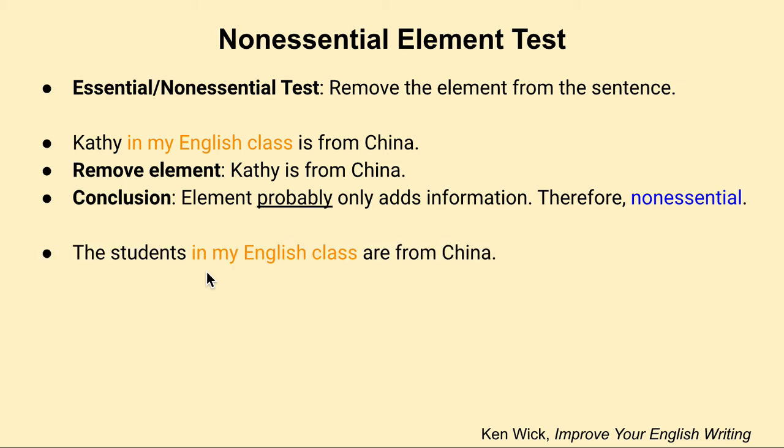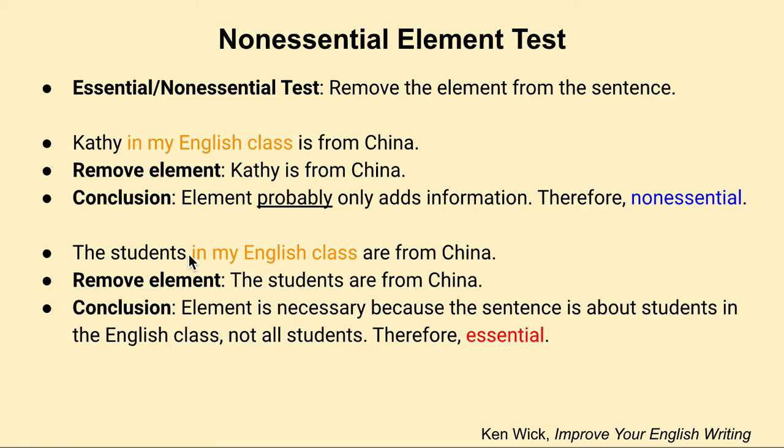Next example is the students in my English class are from China. So is this element essential or non-essential? So let's remove the element. The students are from China. Did we change the meaning of the sentence? And I'm going to say yes, because the sentence was about the students in the English class.